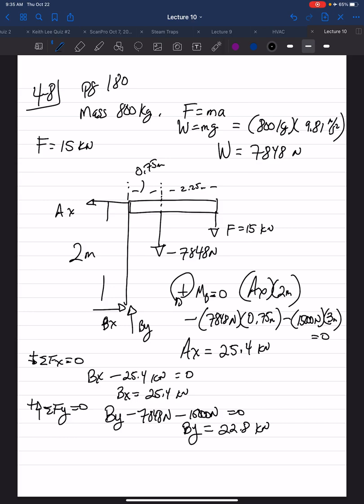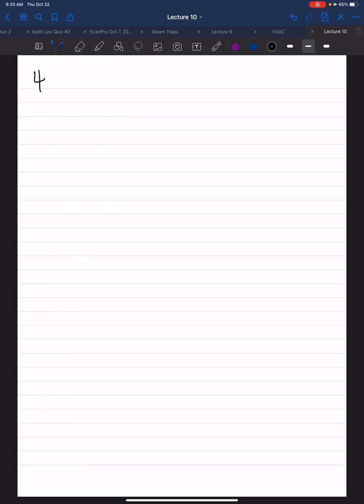Let's take a look at another problem. Problem 4-19, page 182. So we have a cantilevered footing used to support a wall at point A. Determine the uniform distributed loads.